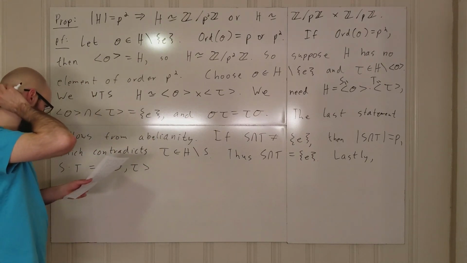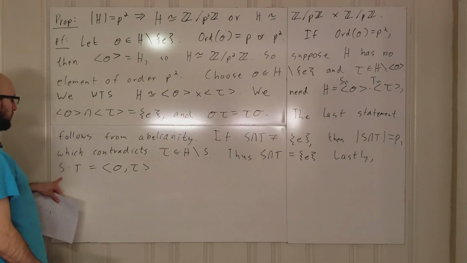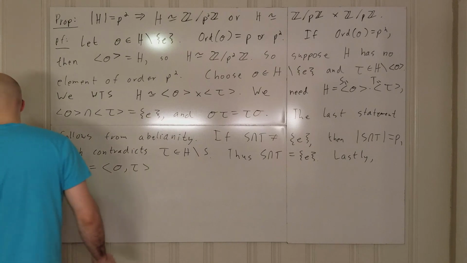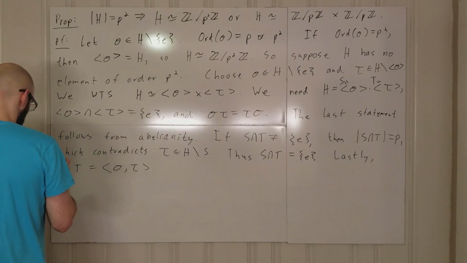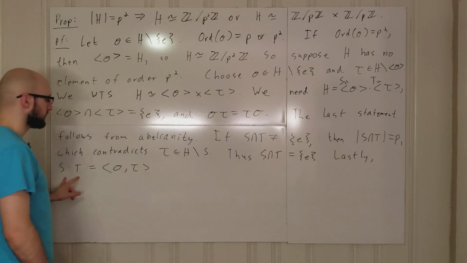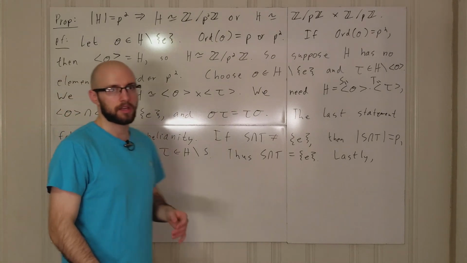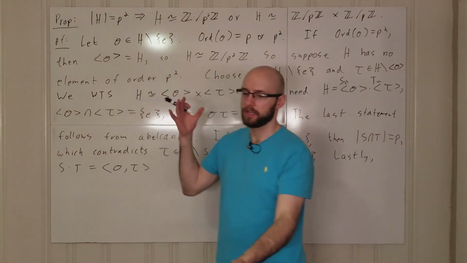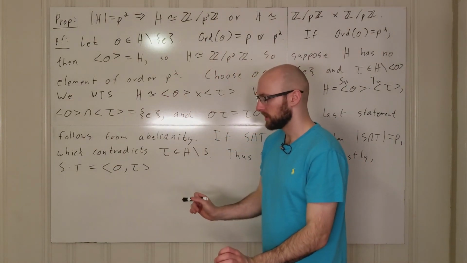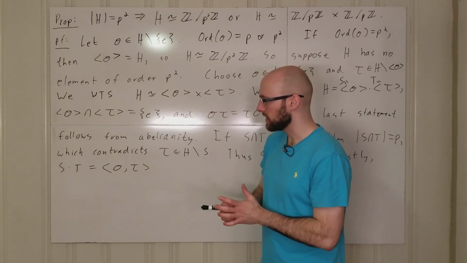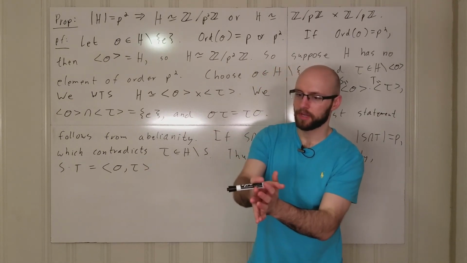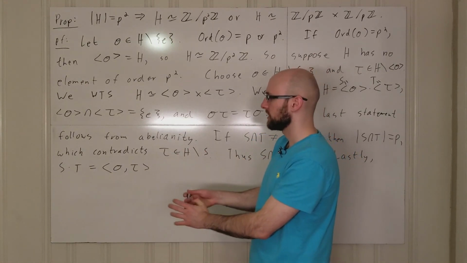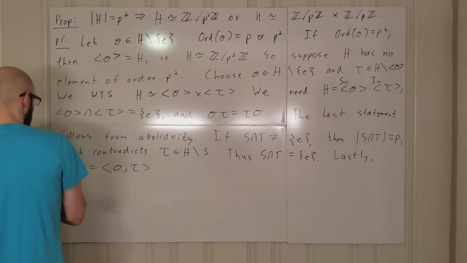Why is this the case? Well, obviously, what you can do with S times T is take any element in S and any element in T. You can prove this inclusion both ways if you want.